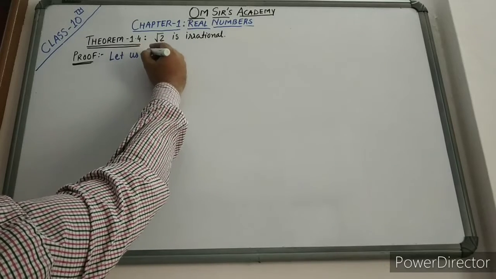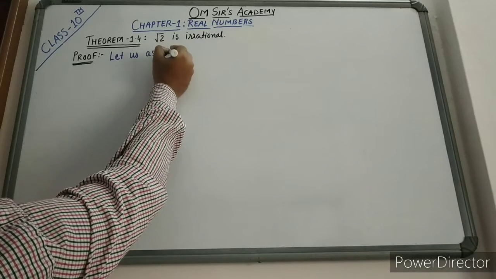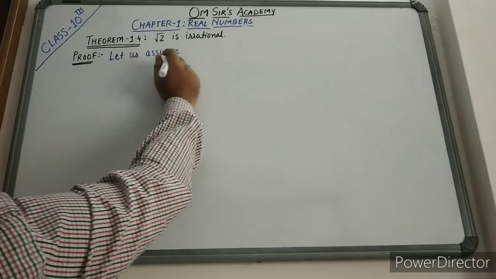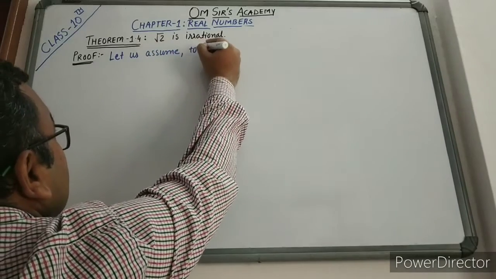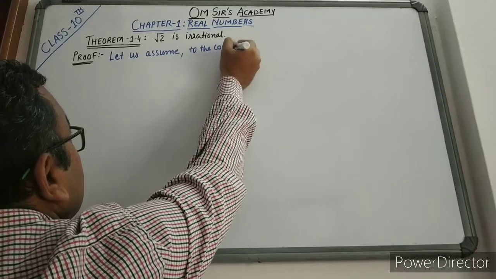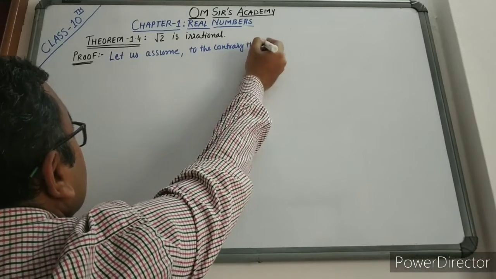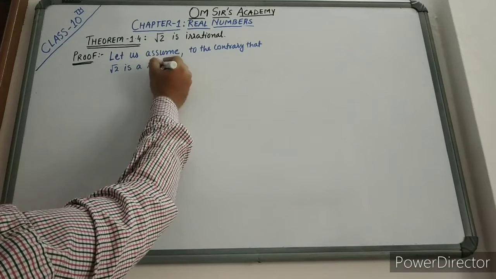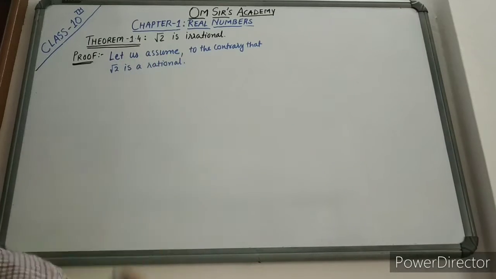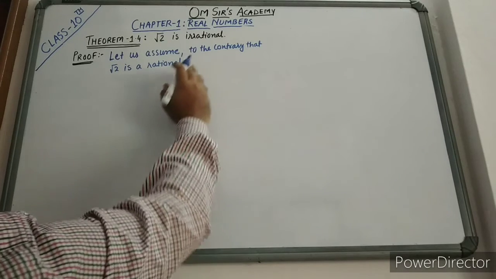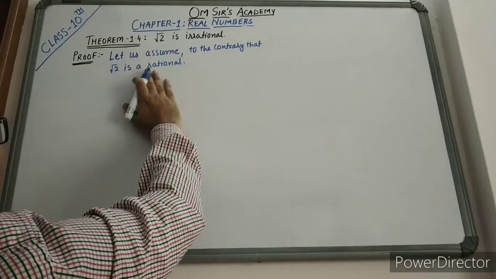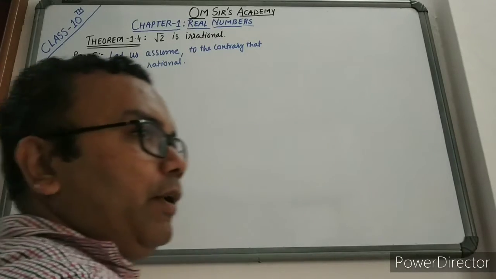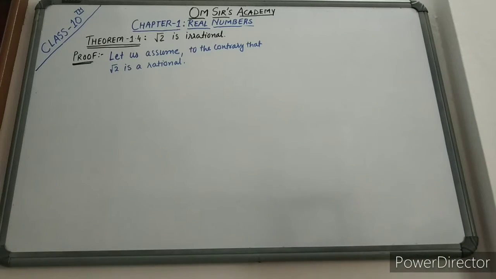So let us assume to the contrary that root 2 is a rational number. Okay, so how did we start the proof? We assume its opposite, that root 2 is a rational number. Is it clear friends?